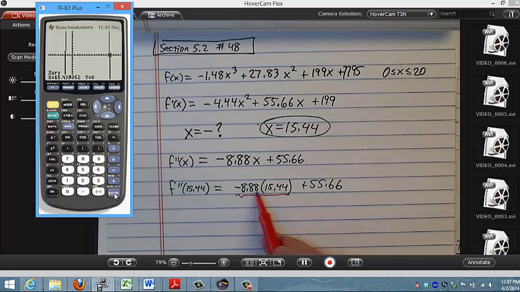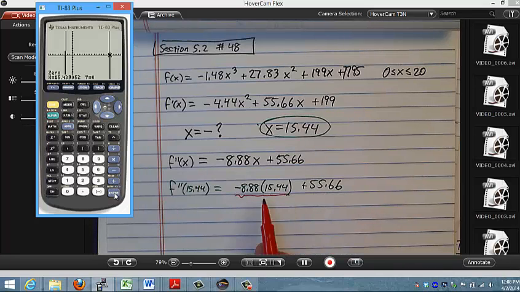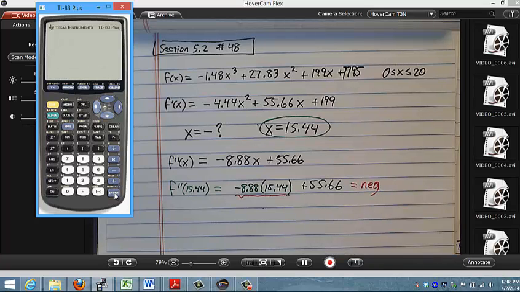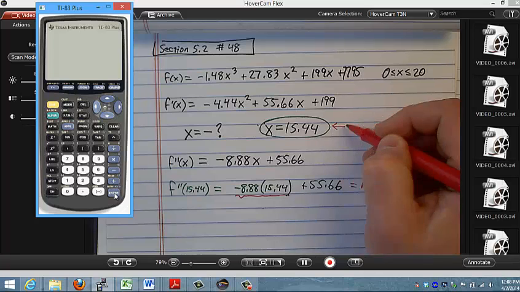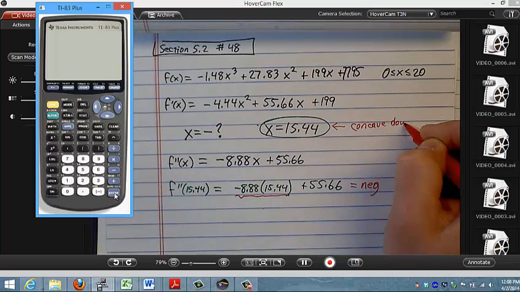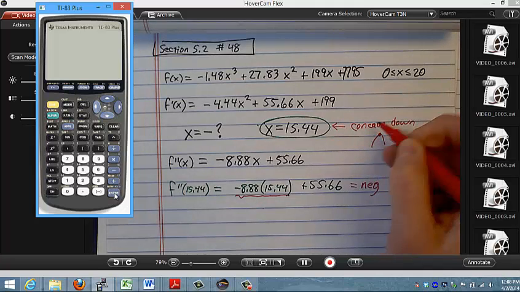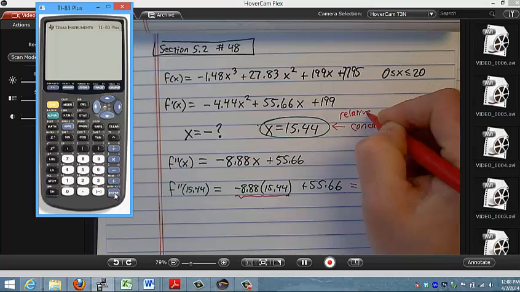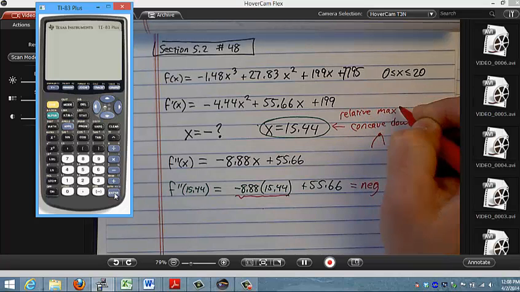That's negative. And this is positive. But that's a lot more negative than that is positive. So f double prime is going to be negative. Now what does that tell me about the critical value? Relative max. We are concave down, so the picture is like this. So that tells me, what do we have here? A relative max.